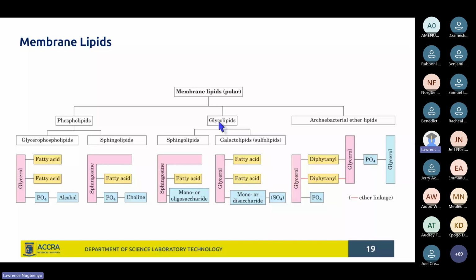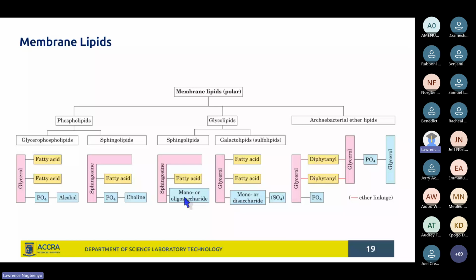These are also sphingolipids because the backbone is sphingosine, and on the sphingosine you have a fatty acid, and then you can have some monosaccharide or oligosaccharide binding on there. And so you can say that's a sphingoglycolipid.